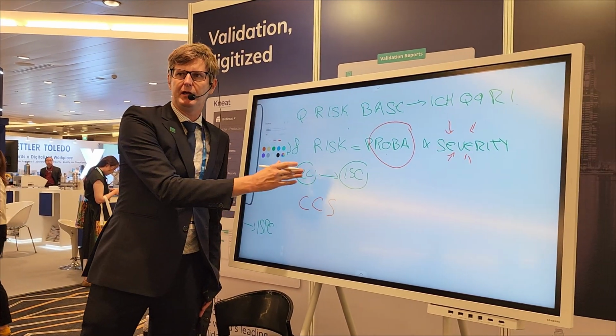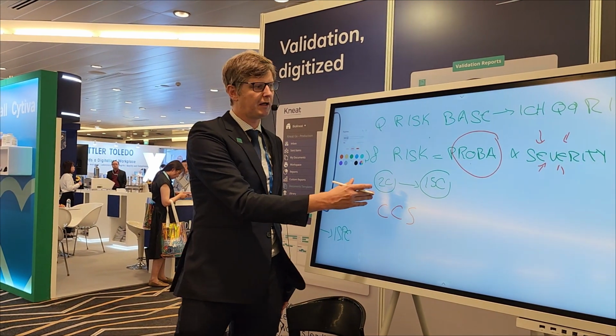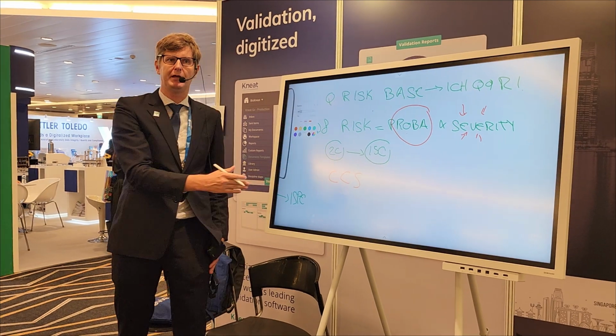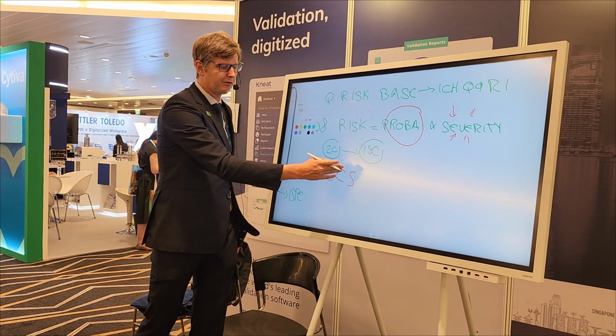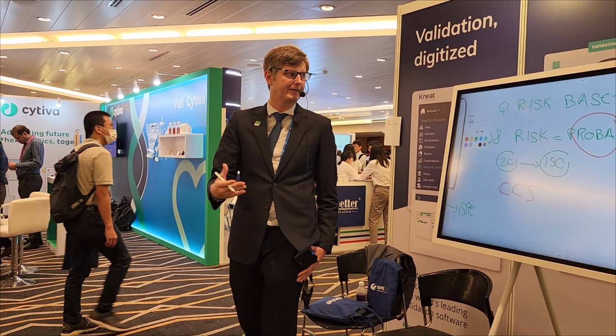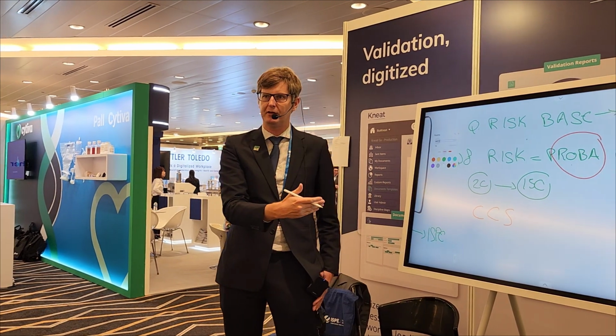Where is the contamination coming from? And how can you reduce that contamination? How can you reduce that probability of occurrence? How can I reduce the risk of contaminating my products? So again, the contamination control strategy is just one way to express the fact that you need to make a risk assessment and mitigation not to contaminate the product.